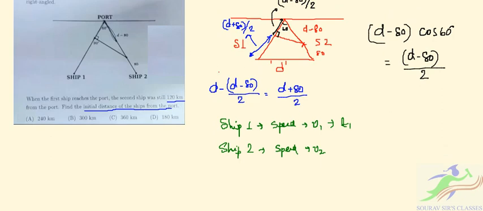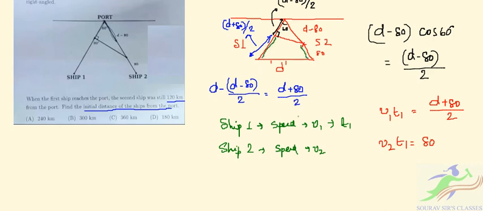So we can write v1 t1 equals (D plus 80) by 2, and v2 t1 equals 80, since in time t1 it traverses 80 km.